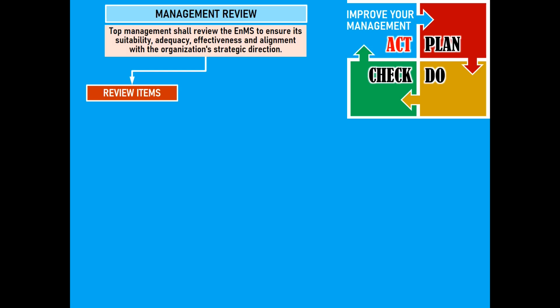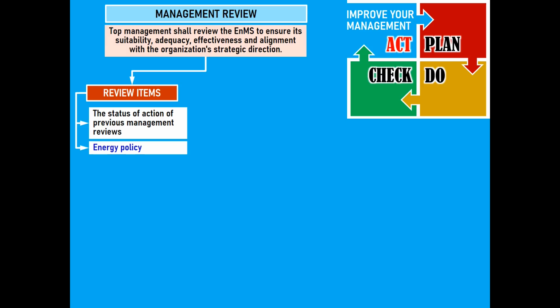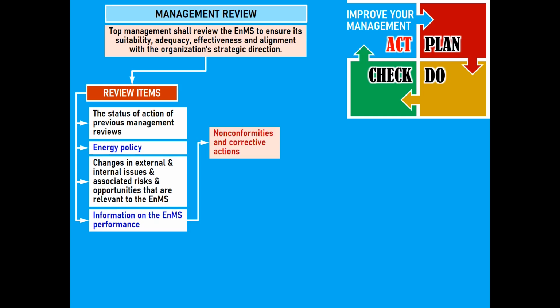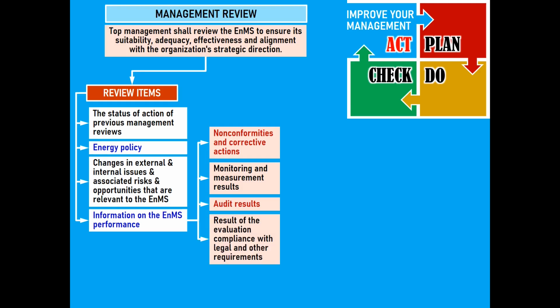The review items involved in the management review are the status of action of previous management reviews, the energy policy, changes in external and internal issues and associated risks and opportunities that are relevant to the energy management system, and the information on the energy management system performance, such as the non-conformities and corrective action, monitoring and measurement result, audit result of the evaluation, compliance with legal and other requirements, and the opportunities for continual improvement.